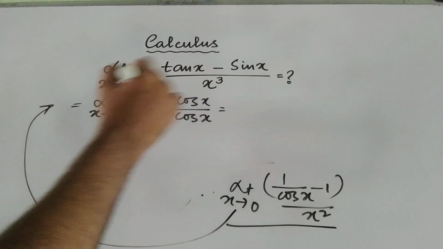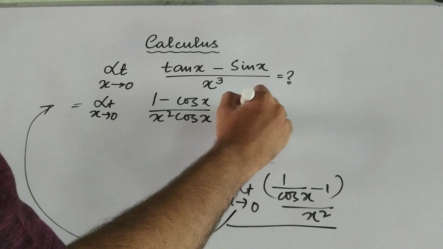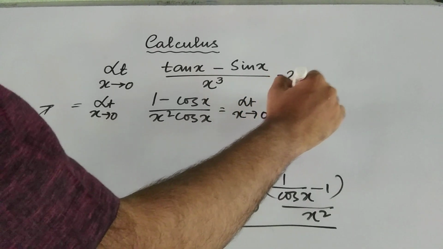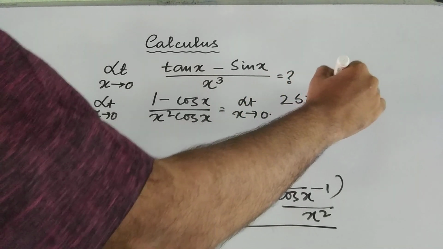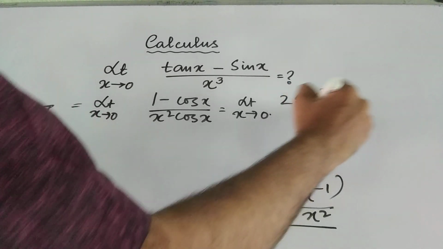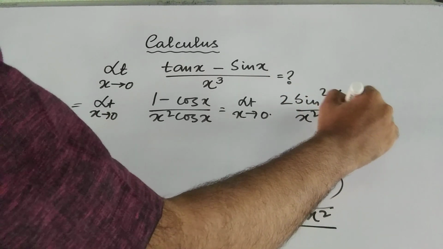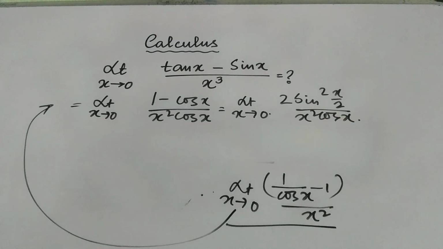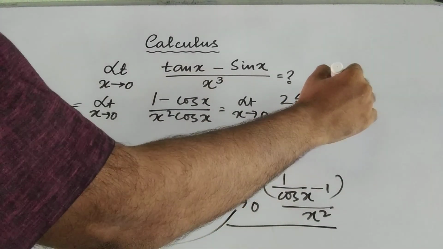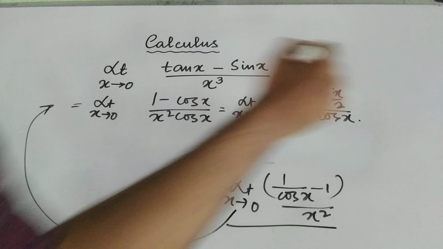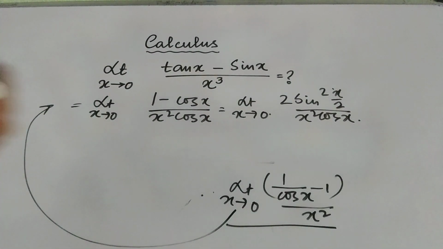Now the same can be written as limit x tends to 0, 1 minus cos x is nothing but 2 sin square x by 2, divided by x square cos x, right? Now if x tends to 0, then obviously x by 2 also tends to 0.